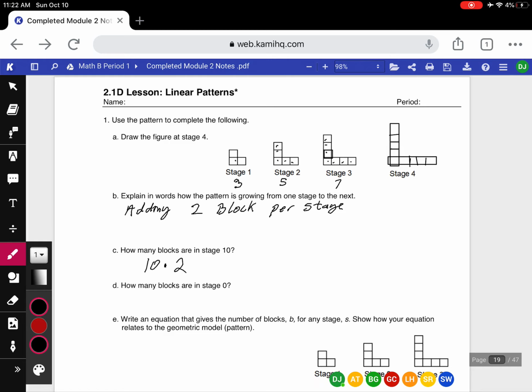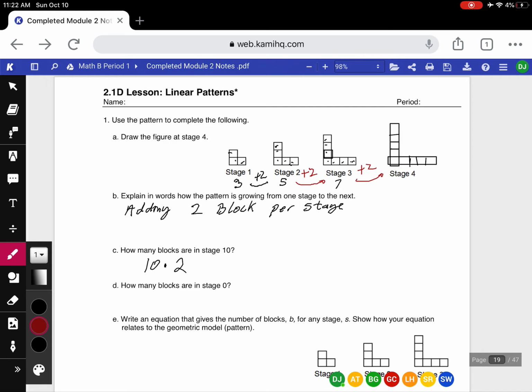Do we all agree that I added 2 blocks here, 2 blocks here, 2 blocks here? So I'm always adding 2 per stage. I'm adding 2 blocks, then again 2 blocks, then again 2 blocks. So I'm adding 2 blocks per stage.